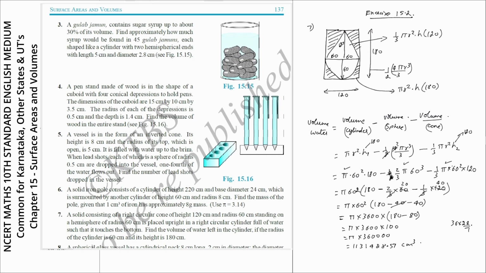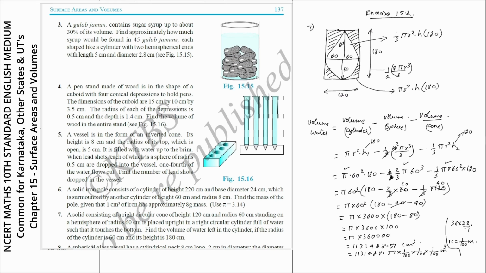1131428.57 centimeter cube. But 1 centimeter is equal to 1 by 100 meter. Now I can write 1131428.57 into, so 1 centimeter means 1 by 100 into 1 by 100 into 1 by 100, it becomes meter cube.